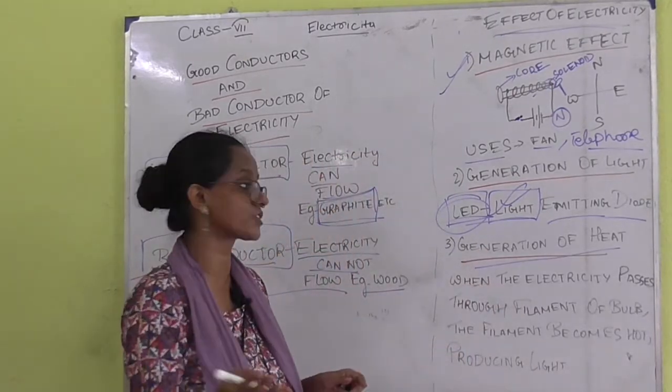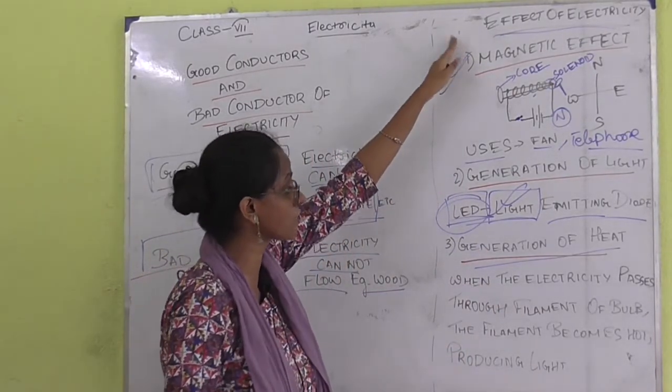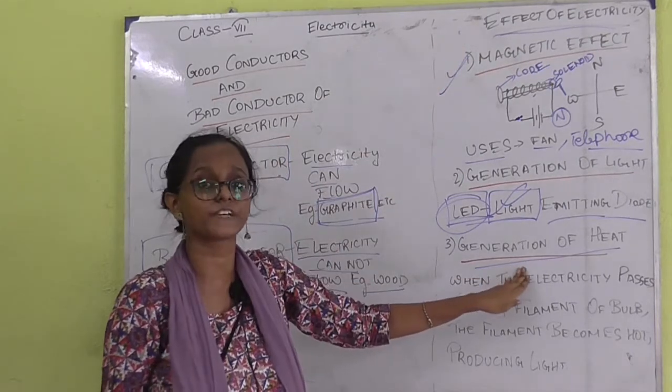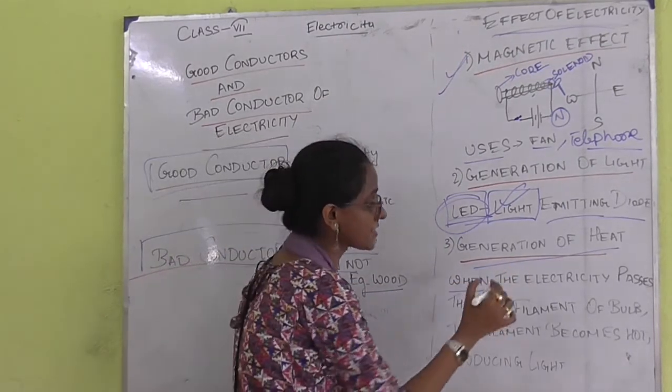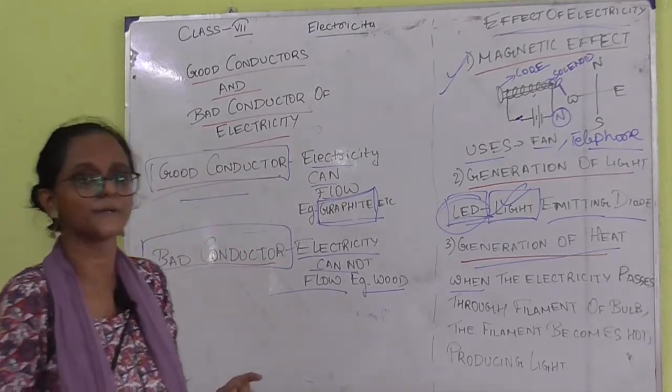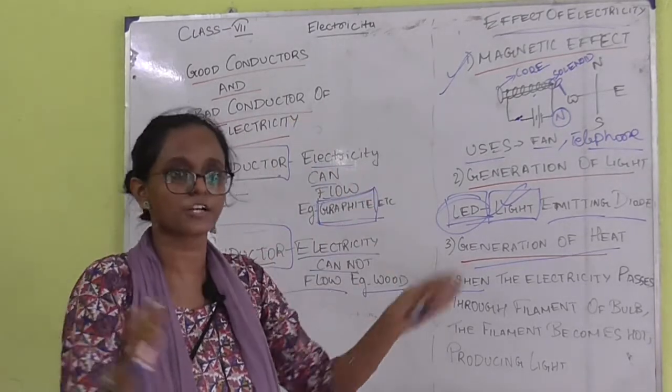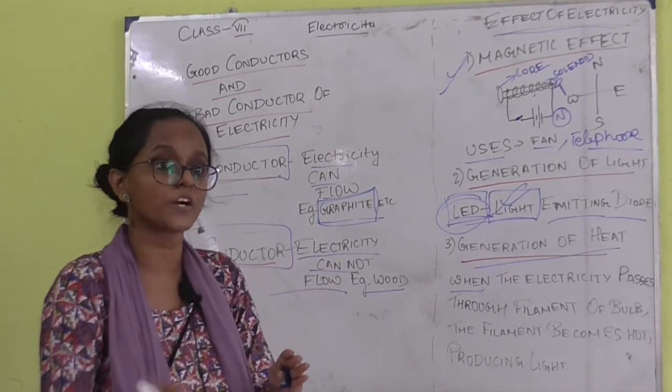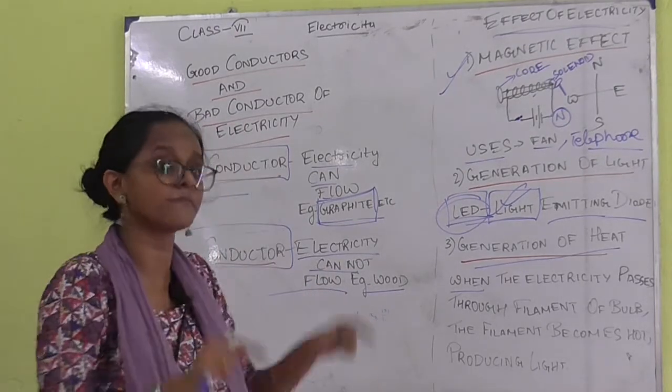Next, the generation of heat. What is the effect of electricity in the generation of heat? When the electricity passes through the filament. While teaching you the bulb, I told you how the structure of the bulb works. Now we are going to learn how the system works.